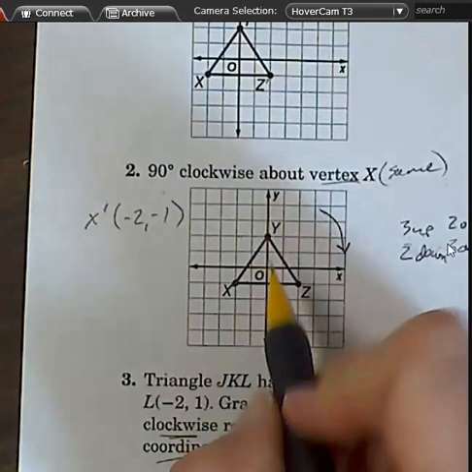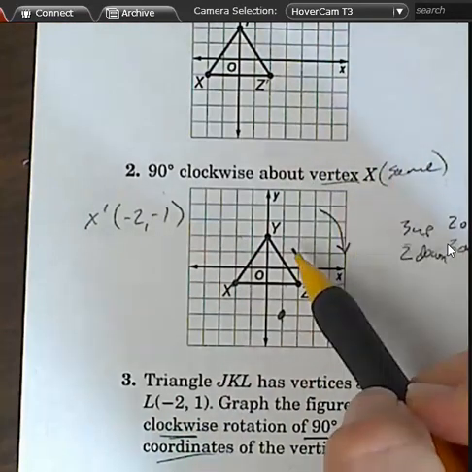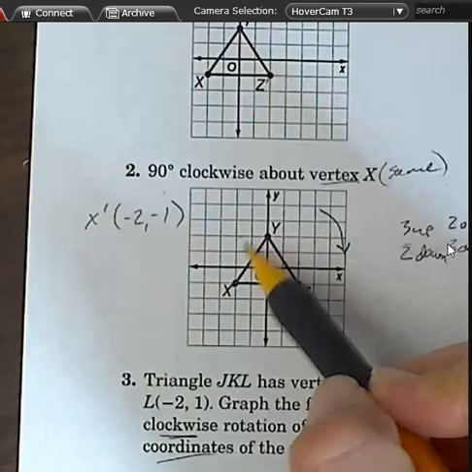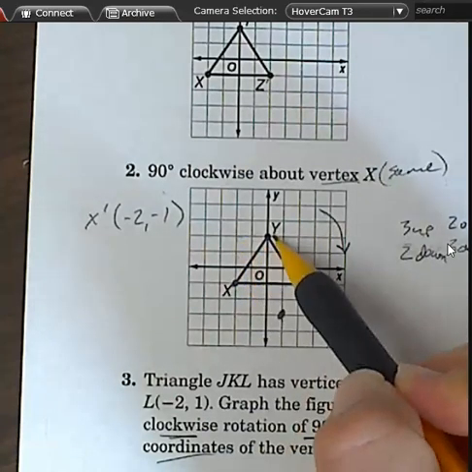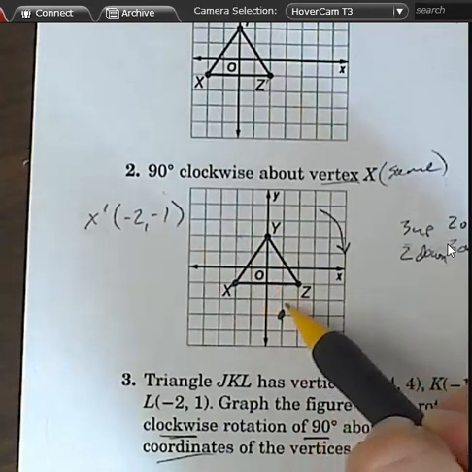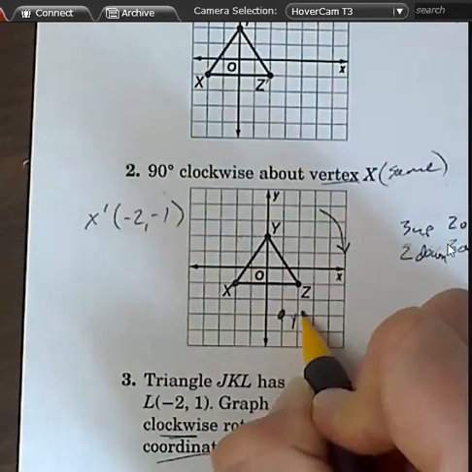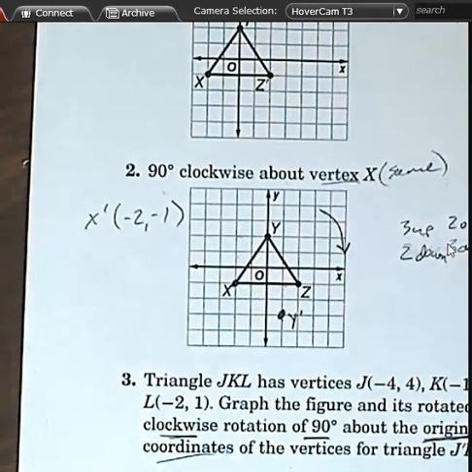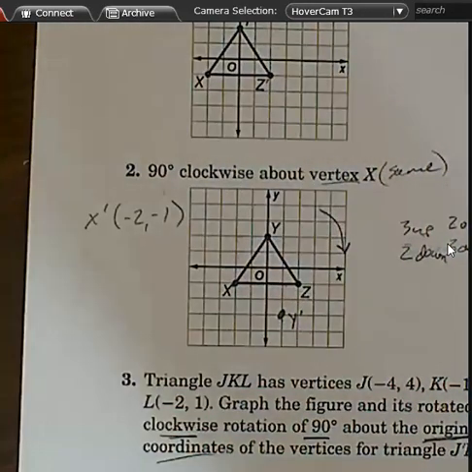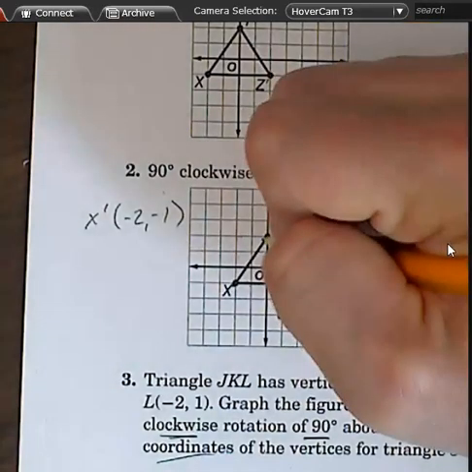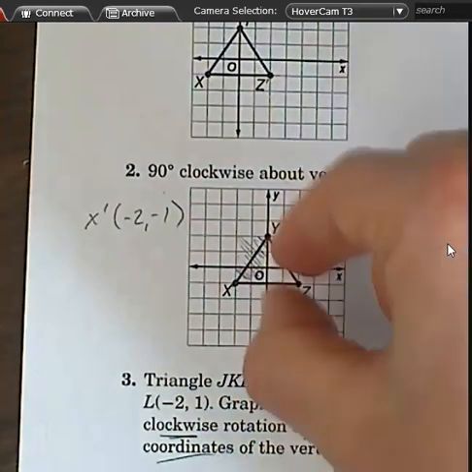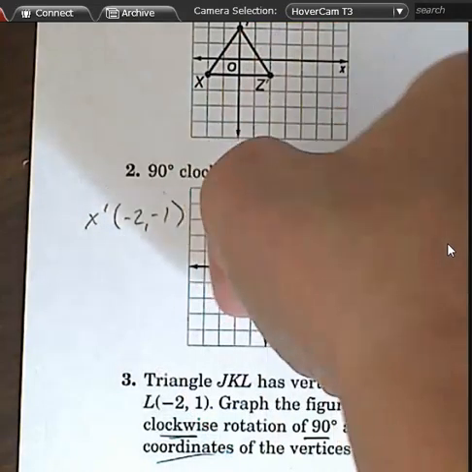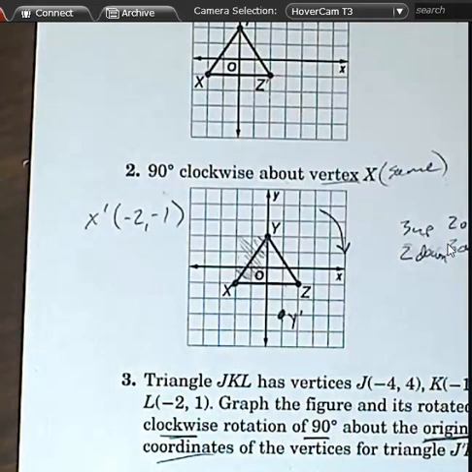This is Y prime. What I sometimes do is I actually sometimes shade it in like it did on the IXL. Here would be my square. I have to rotate it 3 over and 2 down.